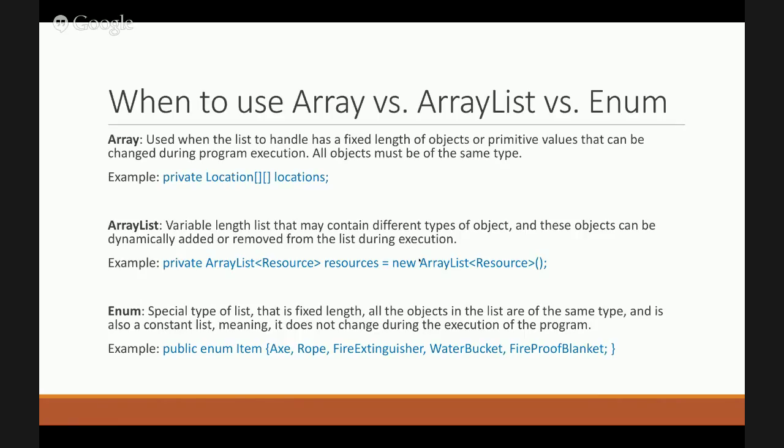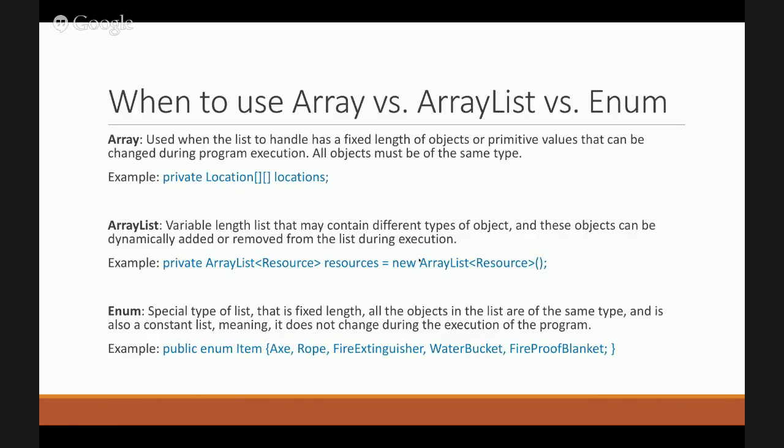Enums are a special type of list. They have a fixed length. All the objects in the list are of the same type, and they don't change. They're constant. In the example that I use here, we're creating an enum called Item that has the elements between brackets in it.